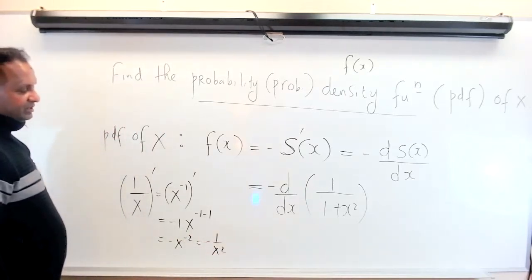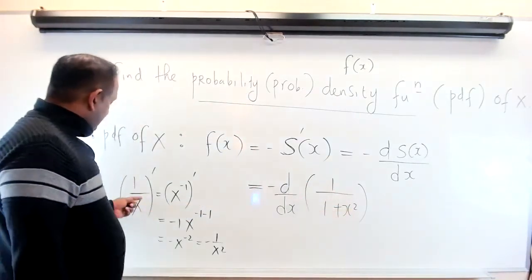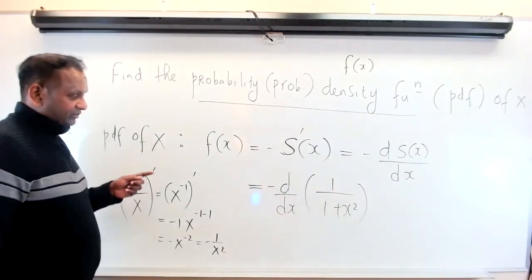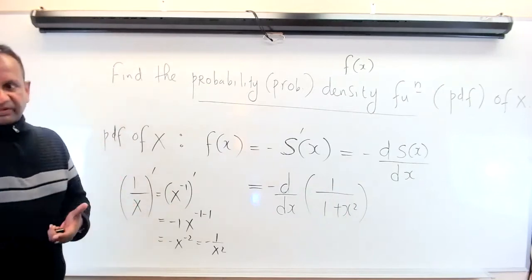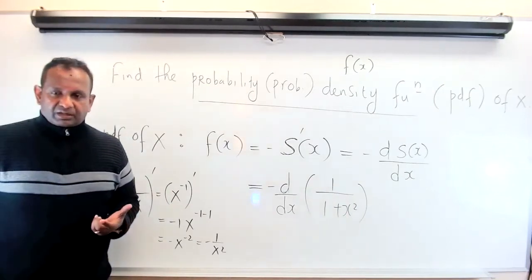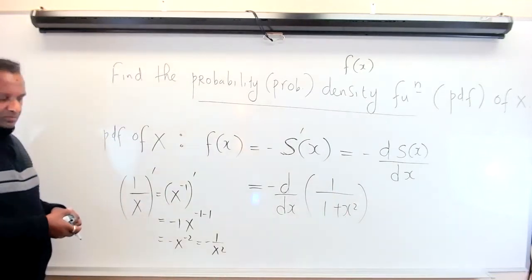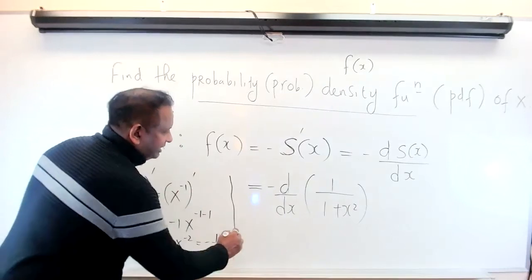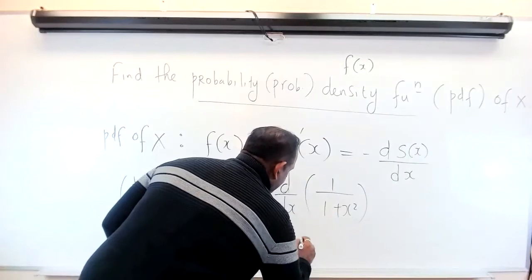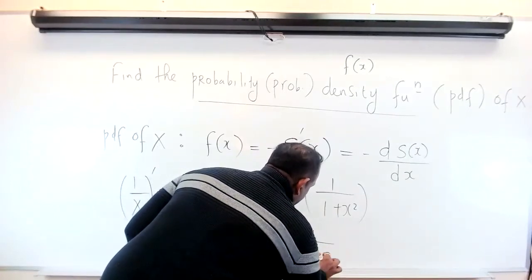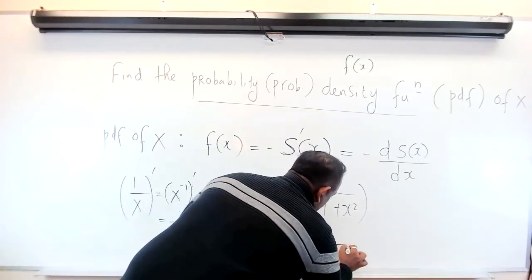In a similar fashion, let's do this one over here. But this time, looking at the denominator, you don't have x, you have 1 plus x squared. So you do the derivative first with respect to 1 plus x squared, and the 1 plus x squared should be differentiated with respect to x later. Okay. So here I have a minus, and I'm going to get another minus from here: 1 over (1 plus x squared) to the power of 2.